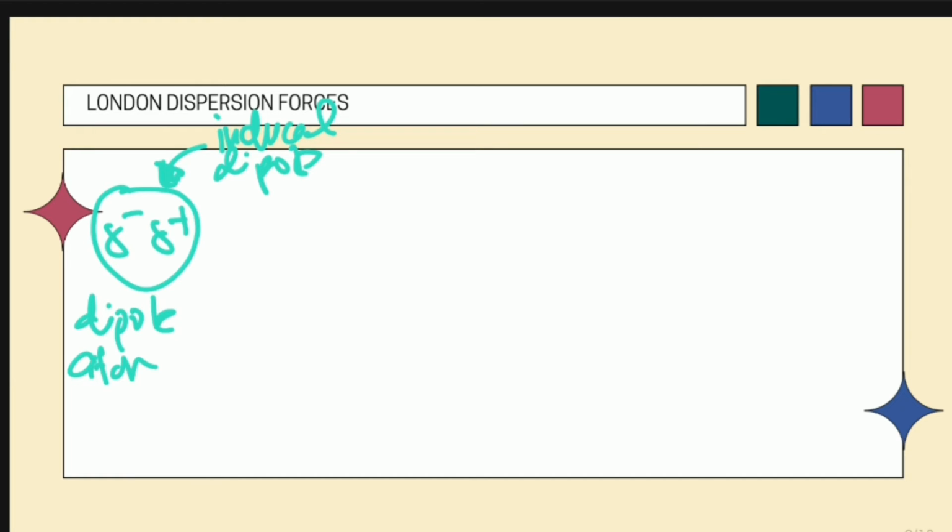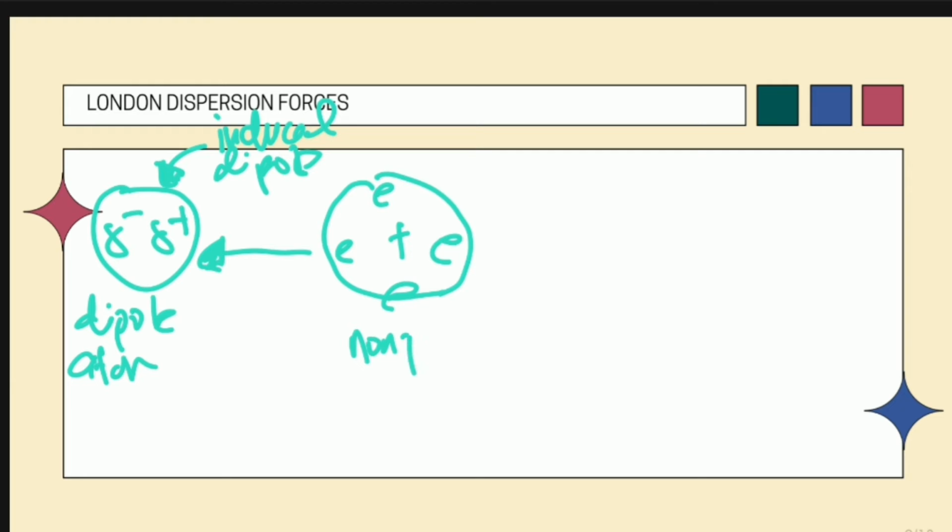Remember, na temporary lang yon. Now, what if there's another non-polar atom surrounding it? So, merong maitatabing, for example, meron siyang na-encounter na isang non-polar atom ulit. So, i-attract niya, ang gagawin niya, yung mga electrons dito sa isang non-polar atom, i-attract nung induced dipole atom natin.